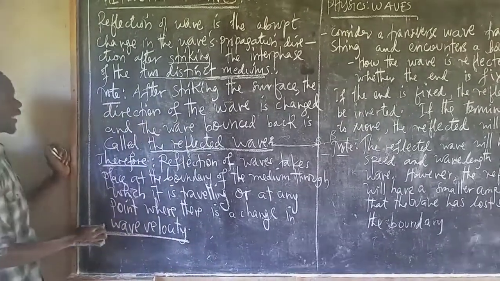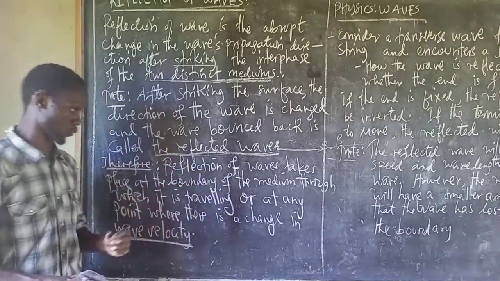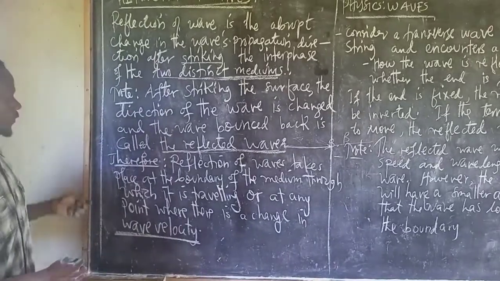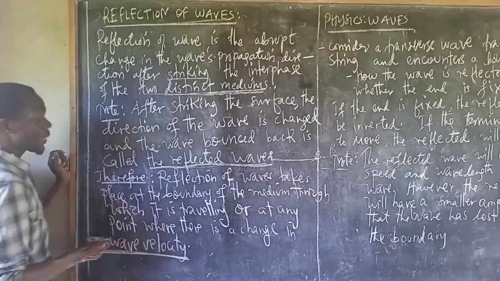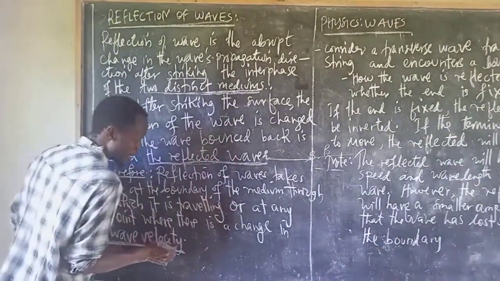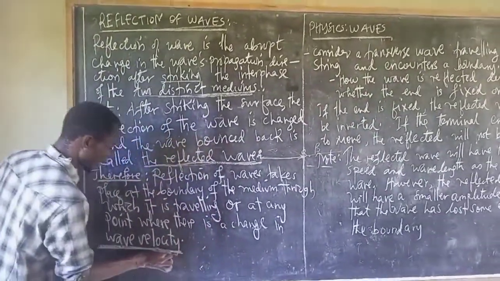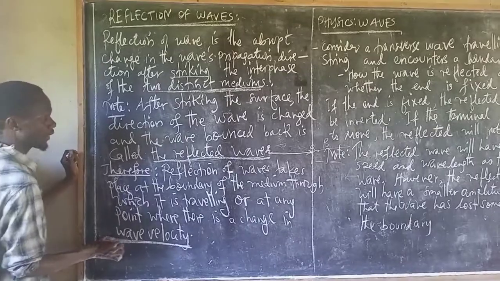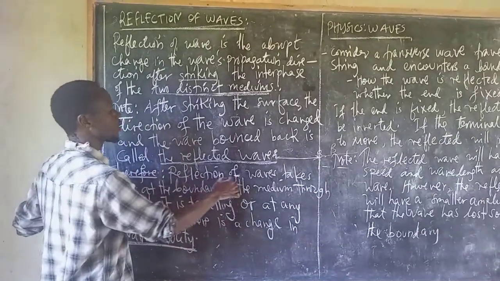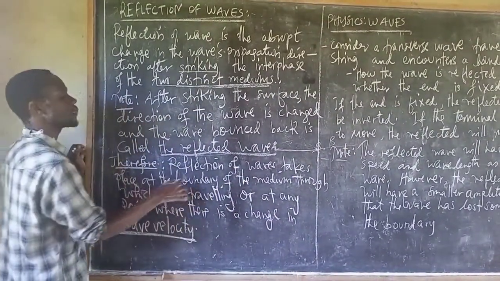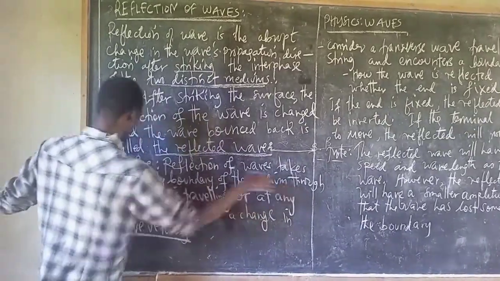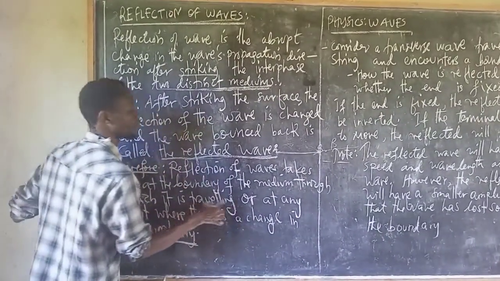Now we say it is only possible if there is a change of medium, or there is a change of wave velocity. And that is why we say the wave change takes place at the boundary of the medium through which it is traveling.